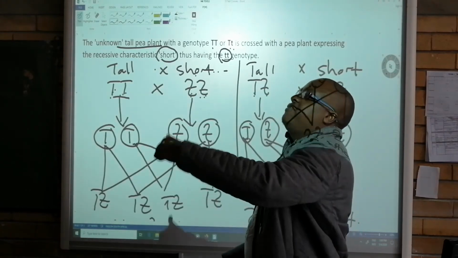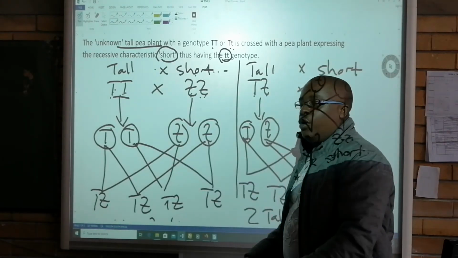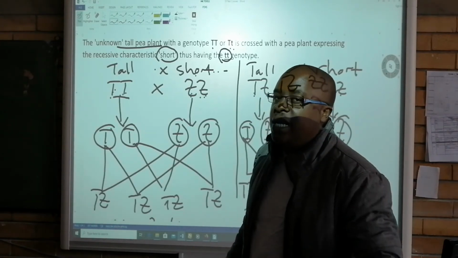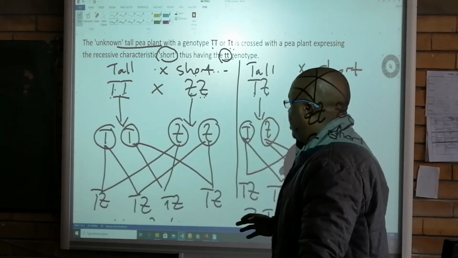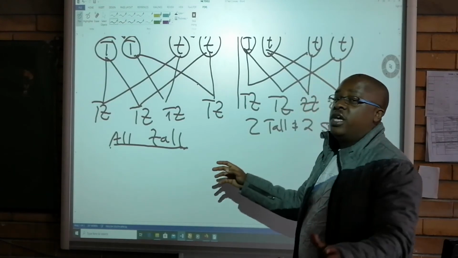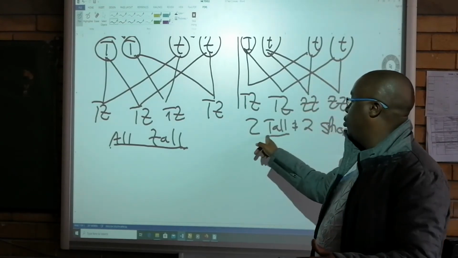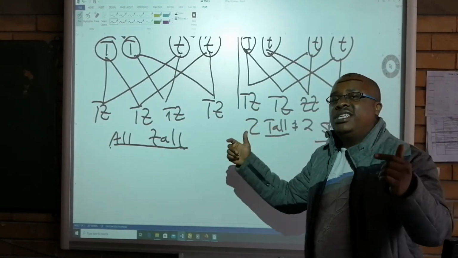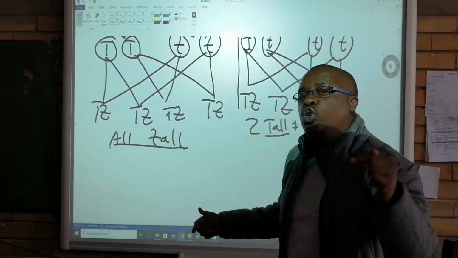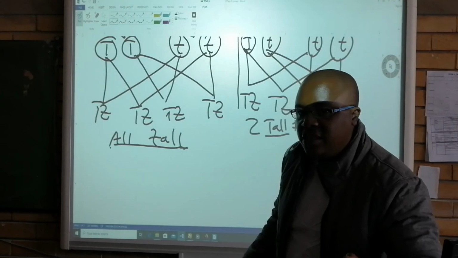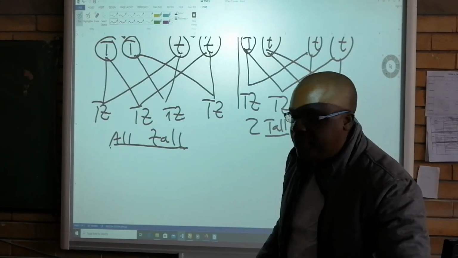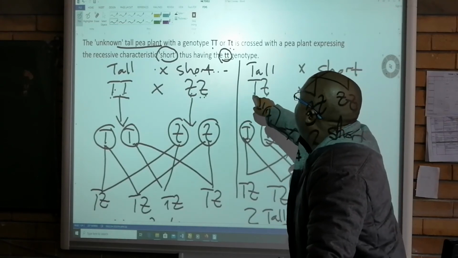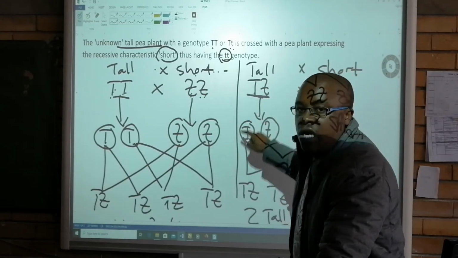But if after doing a test cross of the unknown tall pea plant with a short pea plant, your offspring come and you have a mixture, tall and short, it must mean that the unknown tall pea plant, with an unknown genotype, this parent must be in a heterozygous state.